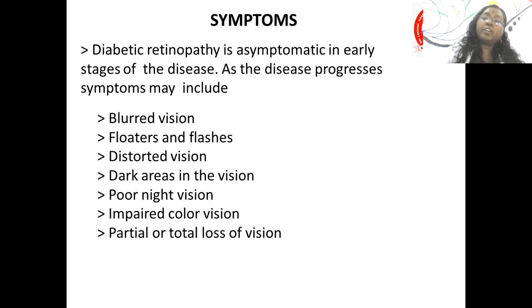With vitreous hemorrhage, the vision is reduced, and when there is macular edema, the vision is markedly reduced. The symptoms include blurred vision, floaters and flashes, distorted vision, dark areas in vision, poor night vision, impaired color vision, and partial or total loss of vision.